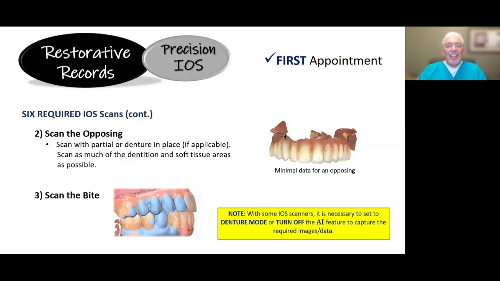You don't need the anatomy of the alveolar ridge, the tissue beyond the teeth going 5, 6, 7 millimeters, so it will cut that. So if you're having those problems, two things to check: try denture mode, and try turning off your AI feature.